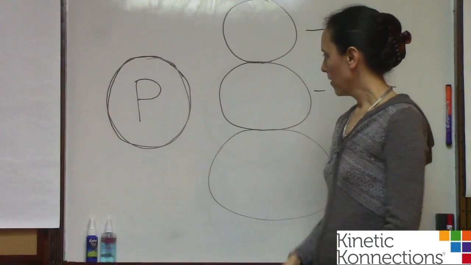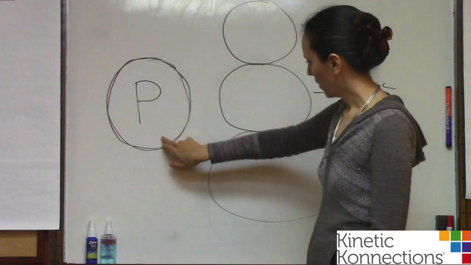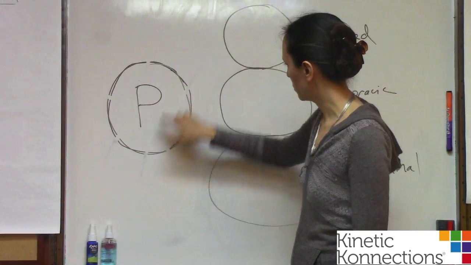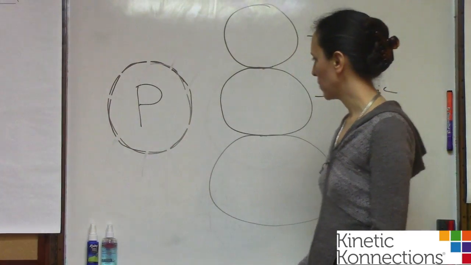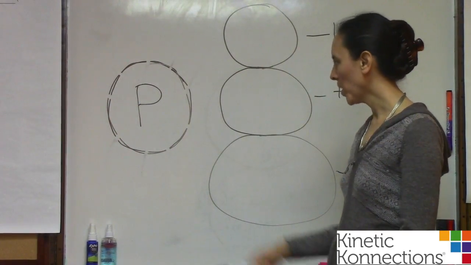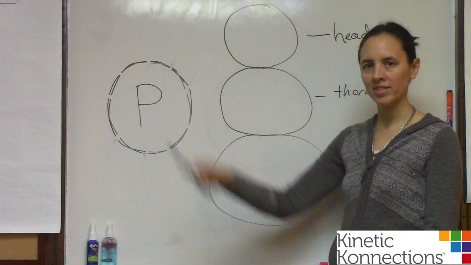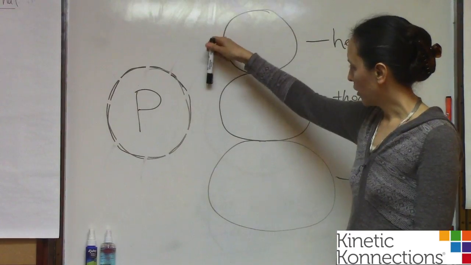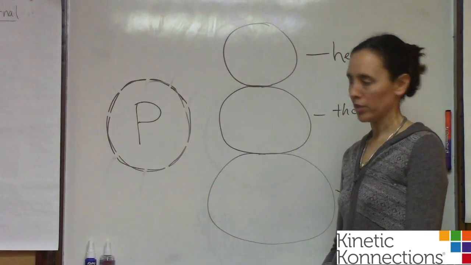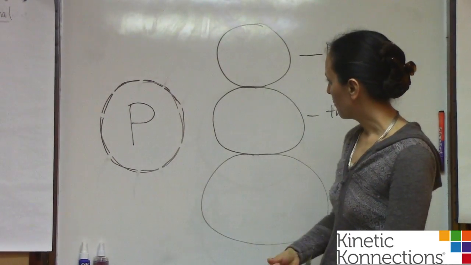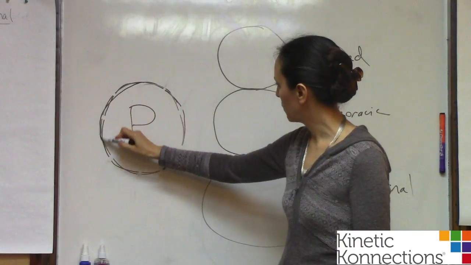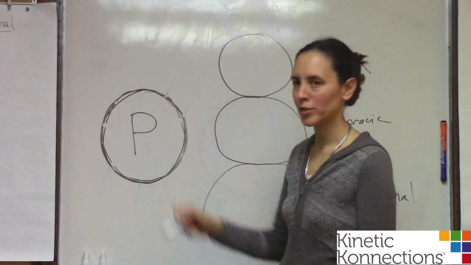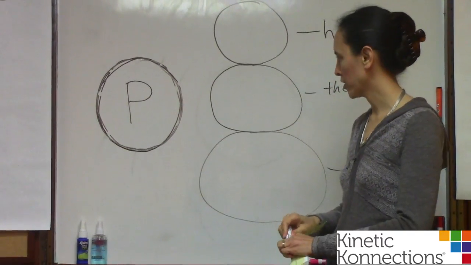So, for instance, if I put lots of unpredictable holes in this boundary, what is going to happen to the pressure that's inside? The pressure is going to go down, obviously. So we need to have a stable boundary. That is the first thing that we need in order to regulate pressure.